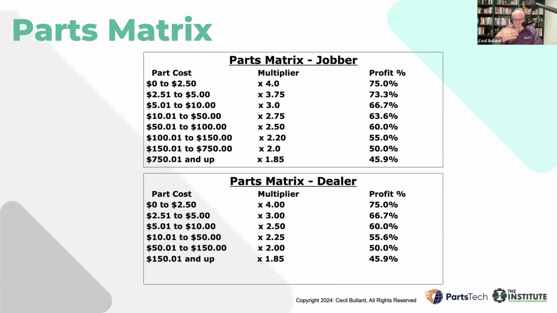So, number one, what's the bottom line profit margin that you're willing to accept? Here it's 45, 46%. But I used to be in some shops where 35% was our bottom line margin when I was running a shop 15 years ago.